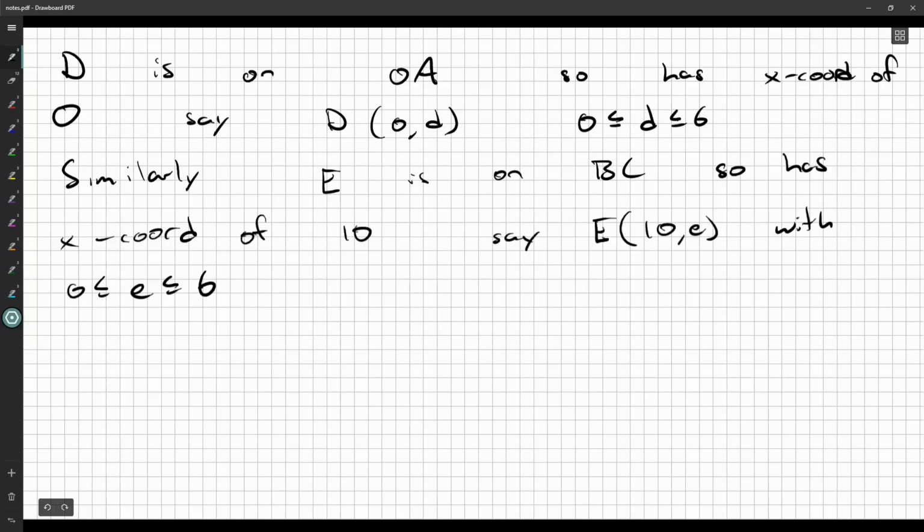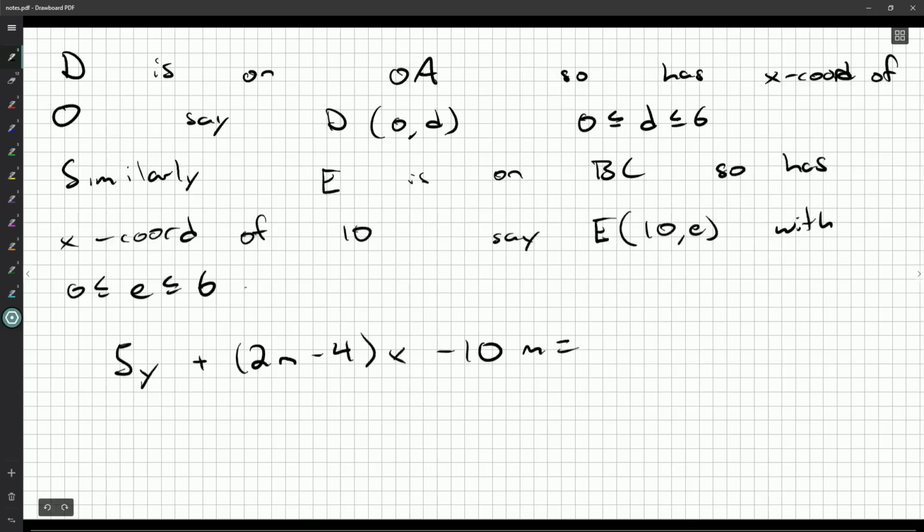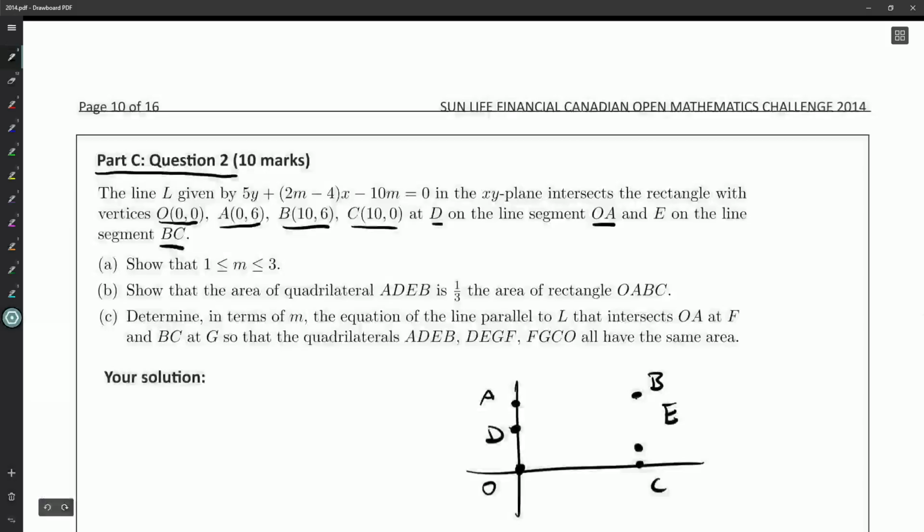All right, so I have a nice range of values for e, but then what have we got? We've got a nice little formula: 5y plus 2m minus 4x minus 10m equals 0. Let's just double check that's correct: 2m minus 4x minus 10m. Okay.